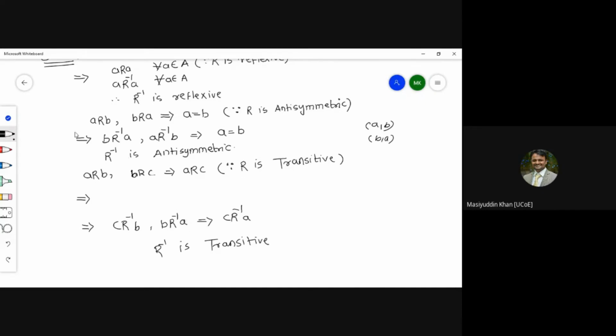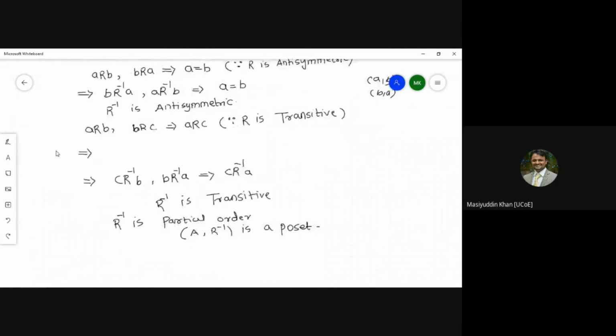Therefore we have to write R inverse is a partial order. Therefore A with R inverse is a poset, a partial ordered set.